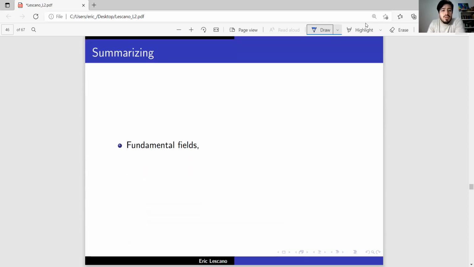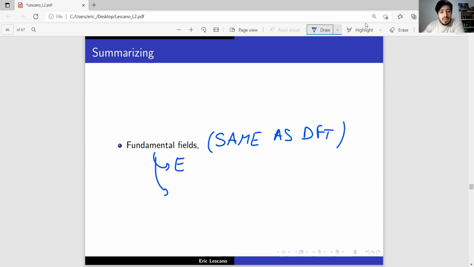So about the fundamental fields, we have exactly the same as double field theory. We do not have a gauge field over here, same as DFT. Our fundamental fields are a generalized frame and a dilaton.